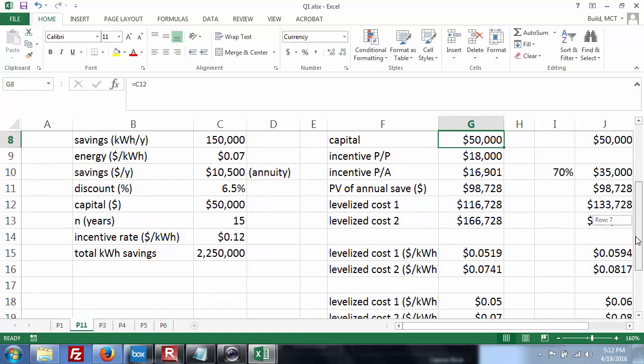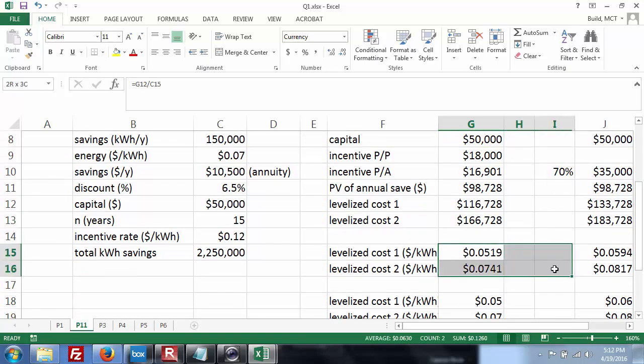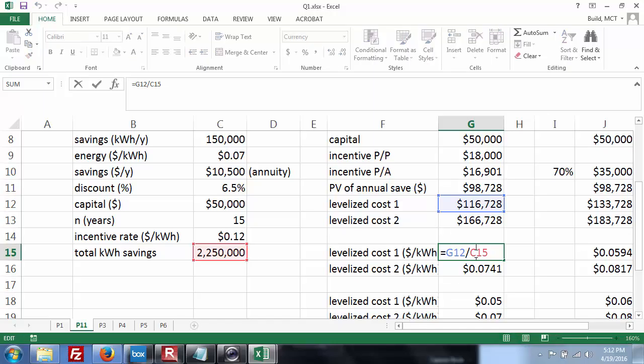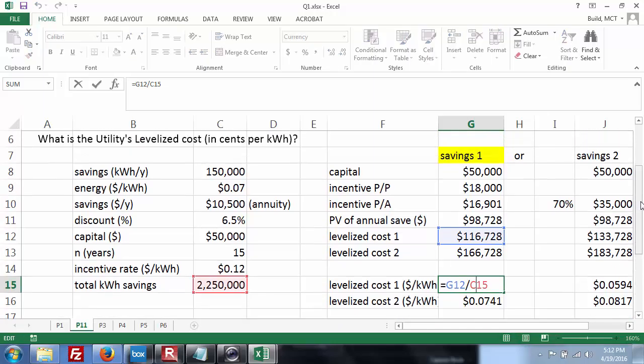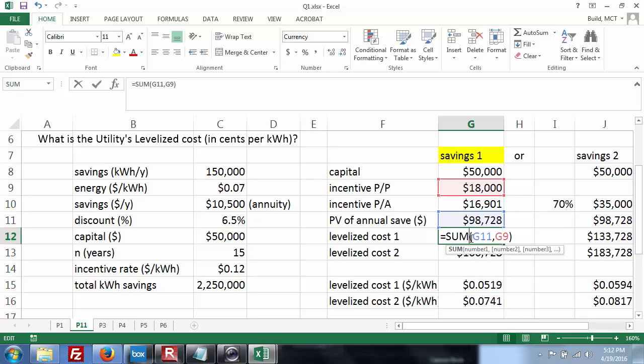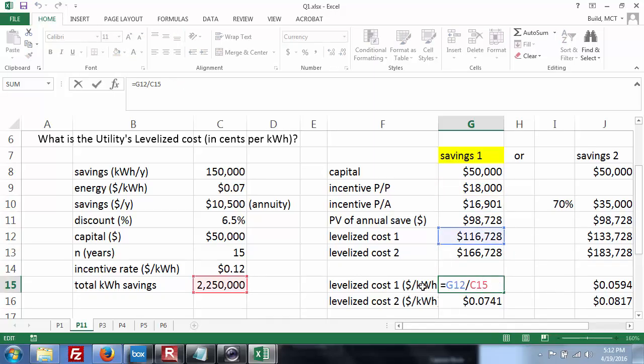Now, I ran this in a couple different ways, and I realized that in the first scenario, I tried a levelized cost, which equaled the savings, which I interpreted as how much the utility was going to lose, because they're not going to get that $100,000 from you, plus the incentive. None of those answers came out, because when you levelize it that way, the total kilowatt hours of savings is 2.2 million.